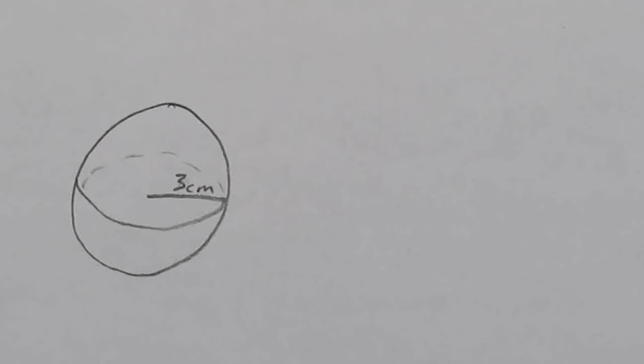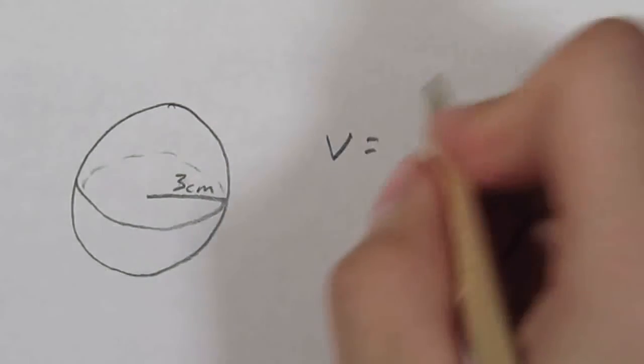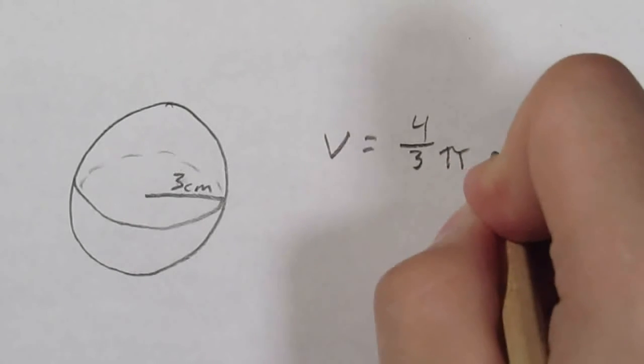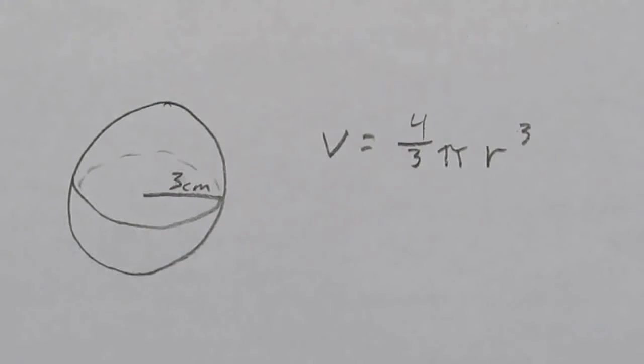Simple enough. So the last one that you'll most likely have to know is how to find the volume of a sphere. So this is actually quite simple. All you're going to do is the volume equals 4/3 pi times the radius cubed.